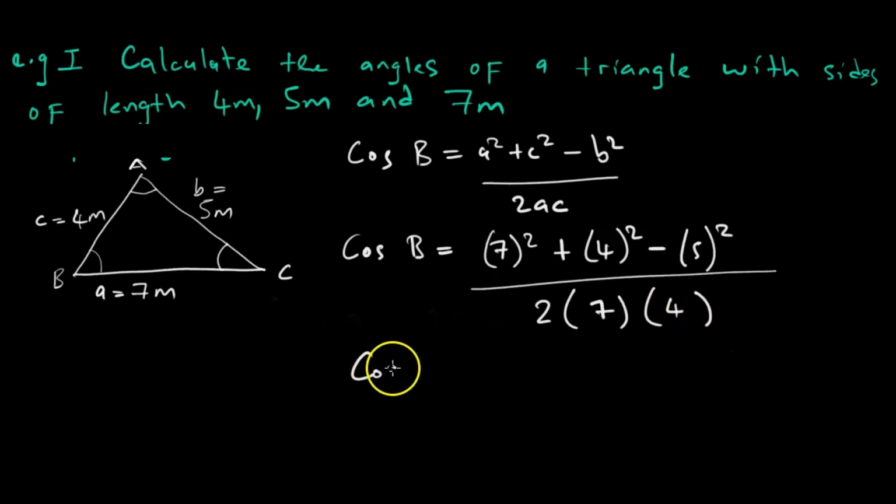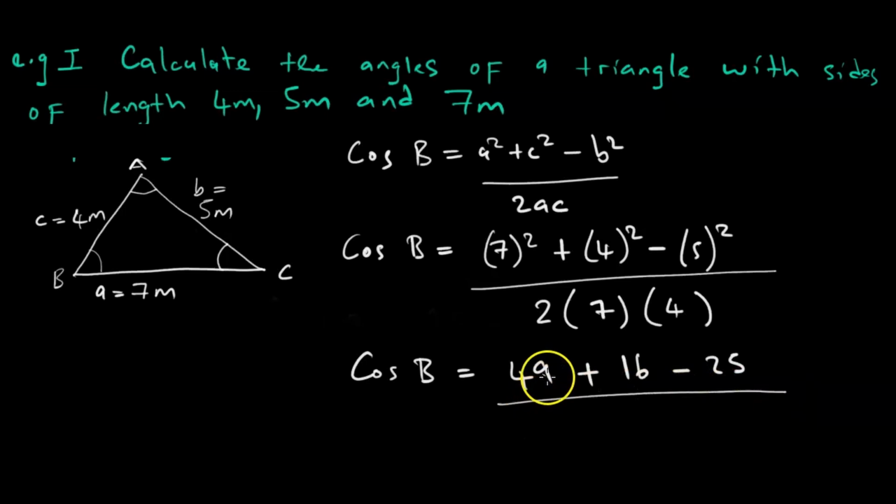So cos b is equal to 49 from 7 squared plus 16 from 4 squared minus 25 from 5 squared over, then we need to know that 2 times 7 is 14. What is 14 times 4? That is 56.